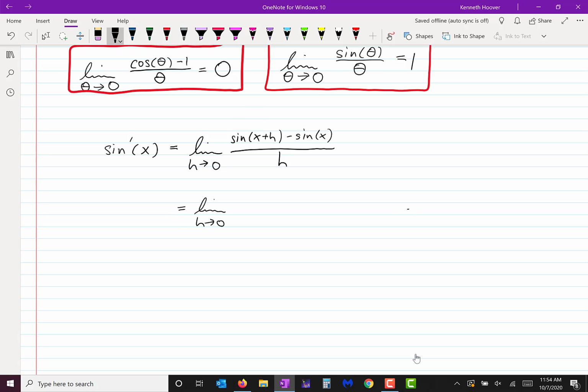That equals sine of x times cosine of h plus cosine of x times sine of h. Okay, and then we have also on top a minus sine of x. And then on bottom is an h.